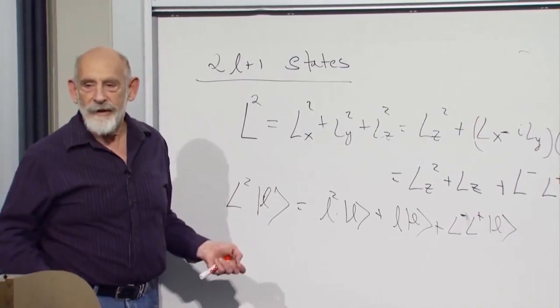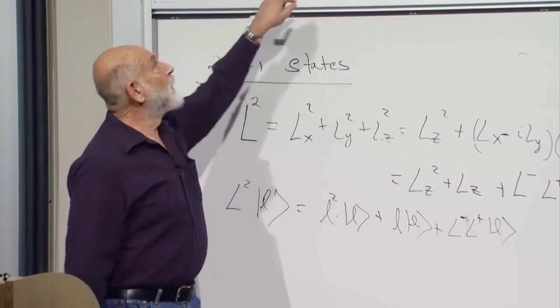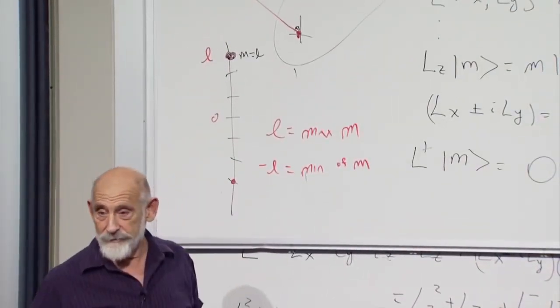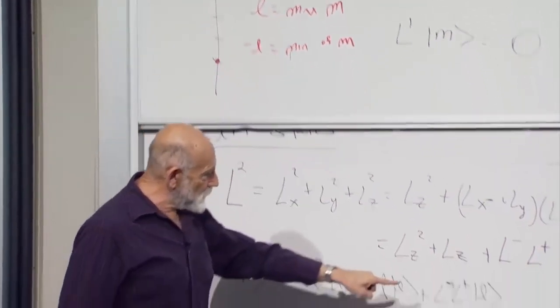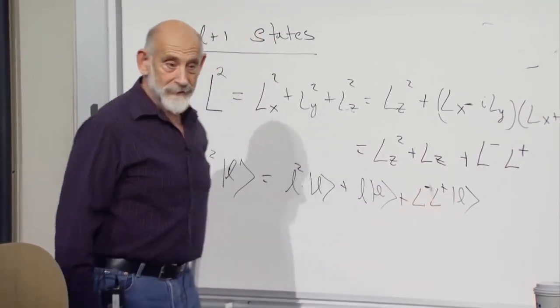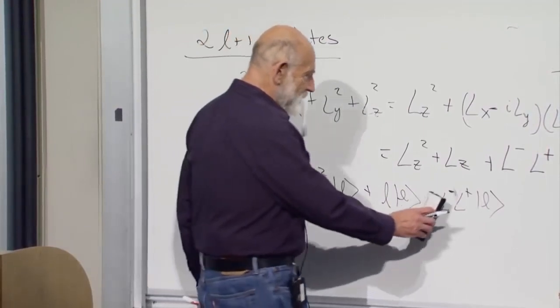It's 0. Why? Because L plus, when it hits the top, runs out of states. The definition of the top state is that L plus gives 0. So we can just erase this.